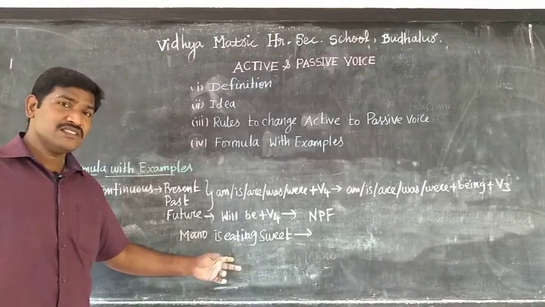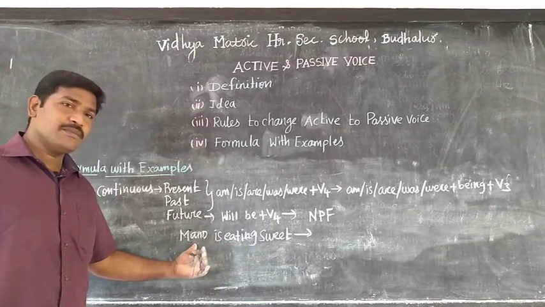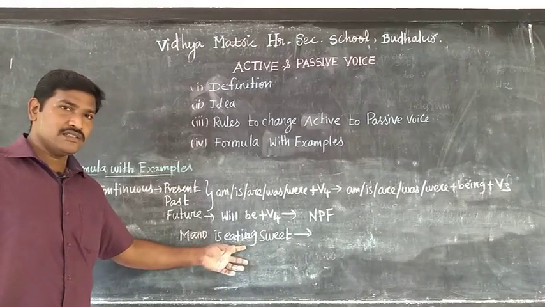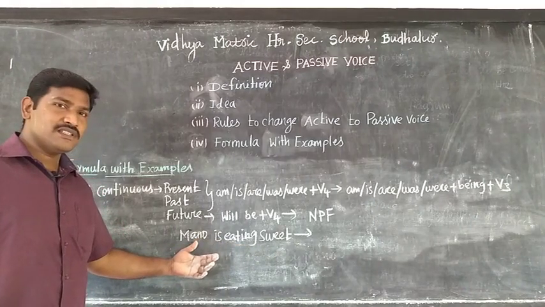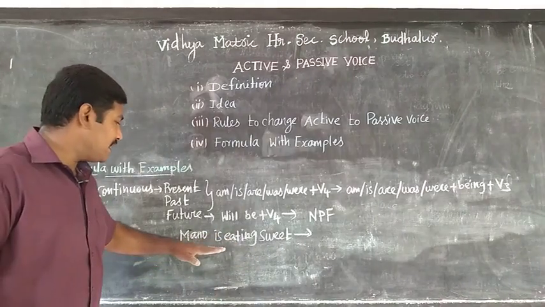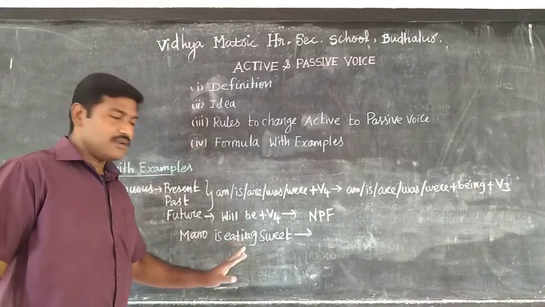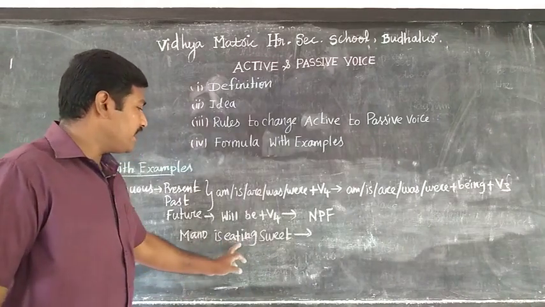For past continuous, was eating. For a plural subject in present tense, are eating. For a plural subject in past tense, were eating. Okay, very simple. So I have written the present continuous example.